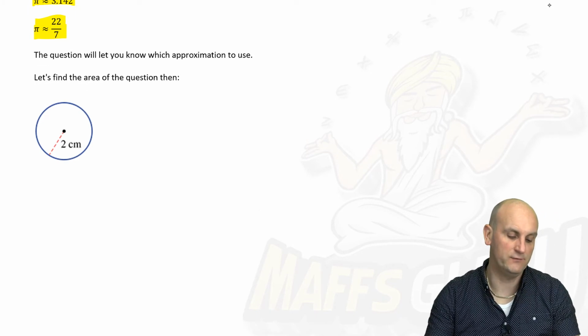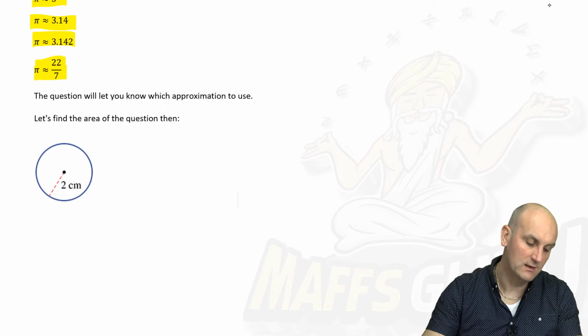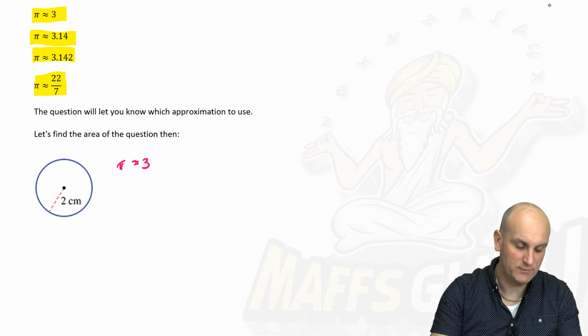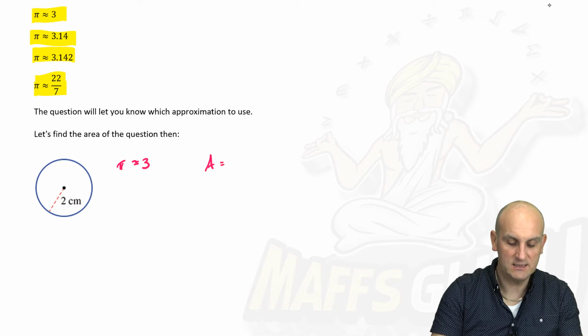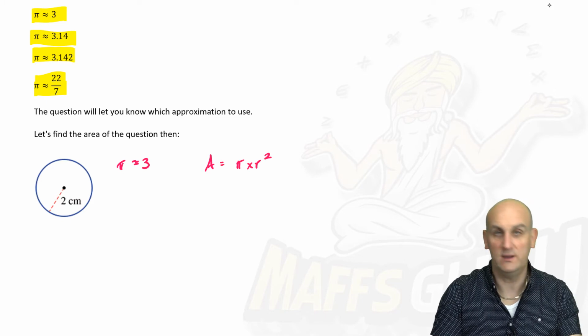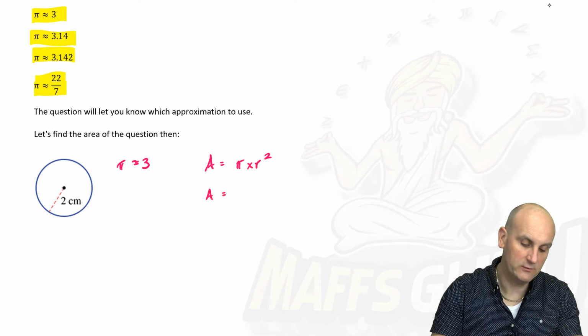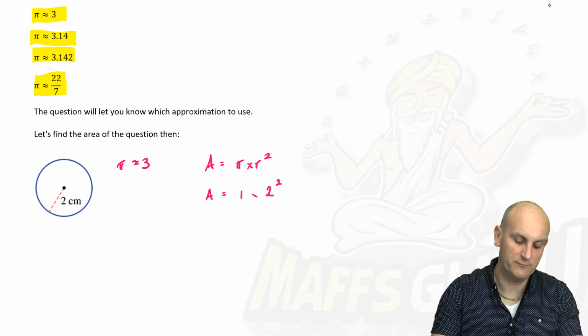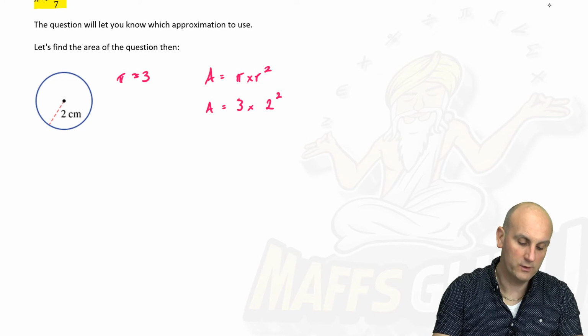Let's find the area of this question here, and let's use an approximation of 3. So if I use pi is approximately 3, then area is going to be pi times radius squared, formula. Area is equal to pi times radius squared, which is 2 squared. Oh, hold on a moment. It's told me to use my value of pi as 3. So that's going to become 3 times, well, what does that become equal to?